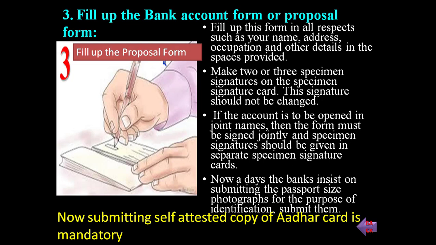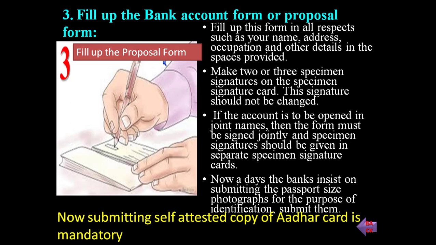Make 2 or 3 specimen signatures on the specimen signature card. This signature should not be changed. If the account is to be opened jointly, then the form must be signed jointly and specimen signatures should be given in separate specimen signature cards.